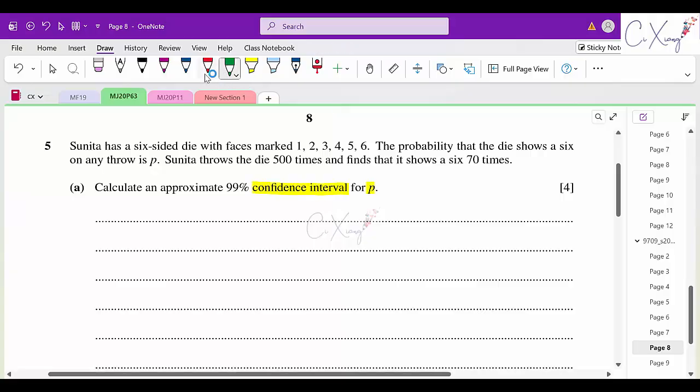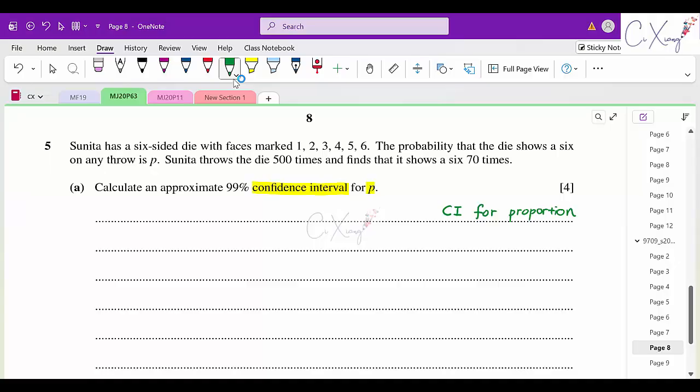So just to recall, what is the formula for the confidence interval for p? I want to emphasize here, we have two types of confidence interval in the syllabus, right? One type is the confidence interval for the mean, which we find more frequently. Then we have another one, where we find the confidence interval for p, or what we call the proportion.